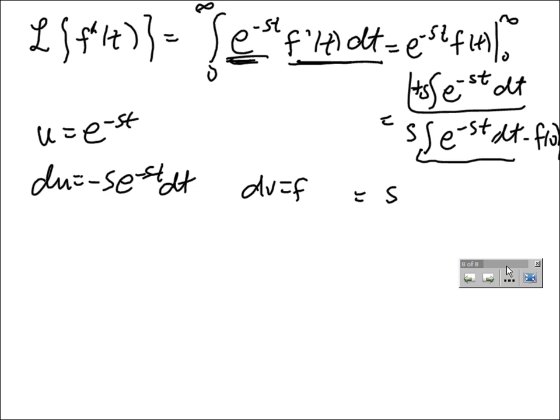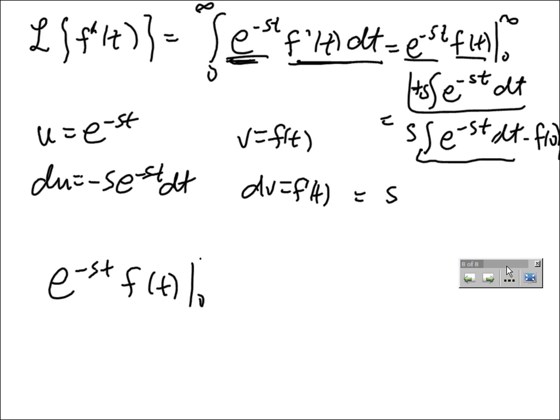And dv is f prime of t, so v is f of t. Now, I wrote down u times v from 0 to infinity, minus the integral from 0 to infinity of v du. This product, well, it has a minus sign.